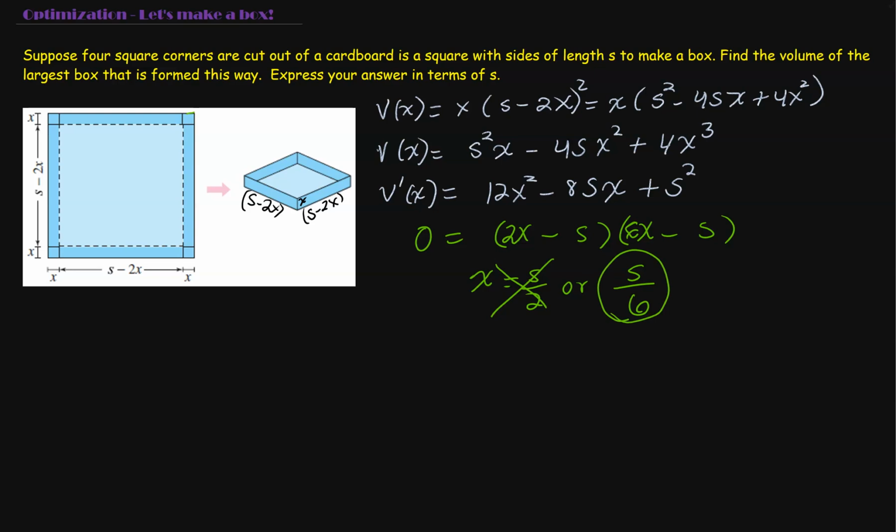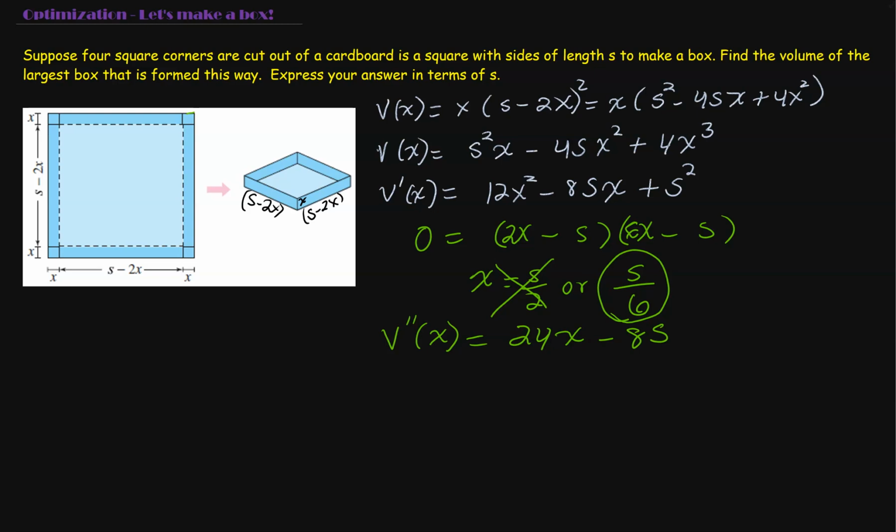Now you'll need to confirm that that really is your maximum. In this problem, instead of using the first derivative test, I'm going to use the second derivative test. The second derivative is 24x minus 8s.